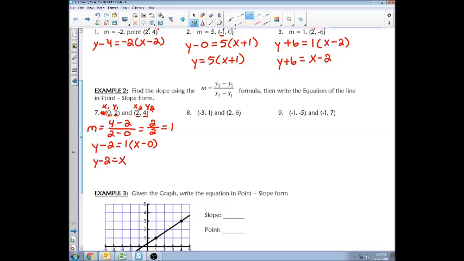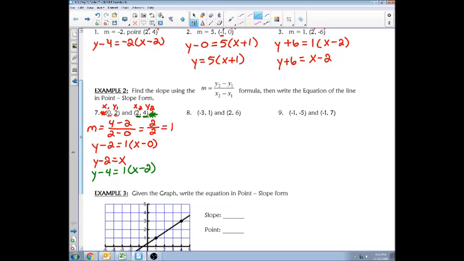If I wanted to use the other point, I could go ahead. I'm going to use green for that so you realize it's 2 different points. It would be y minus 4, y opposite of my y, in this case was 4, is equal to my slope, which is still 1, times x, the opposite of my x and my point, so negative 2.